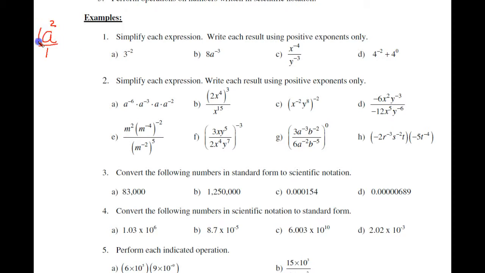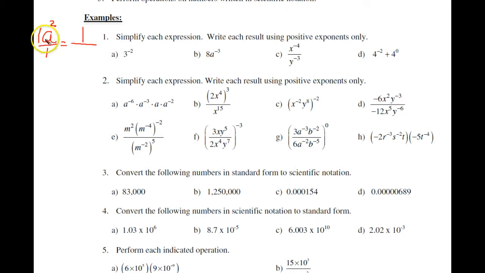Now, there's also a 1 up in the numerator as well. We don't write this one and we don't write that one. But if we wanted to take this A along with its exponent down to the denominator here, for some reason or another, what would it look like there?